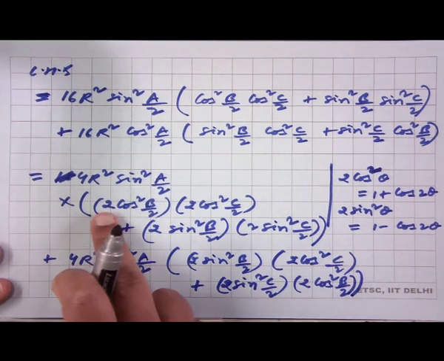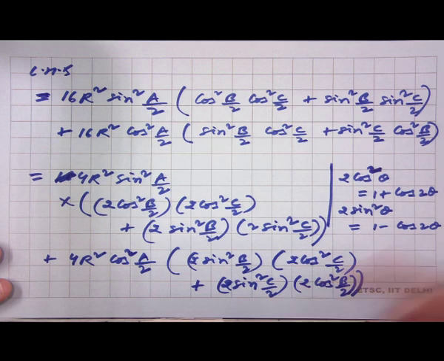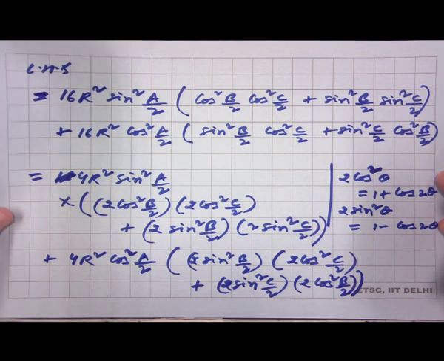And then for each of these 2 cos square or 2 sine square, we are going to use these identities.